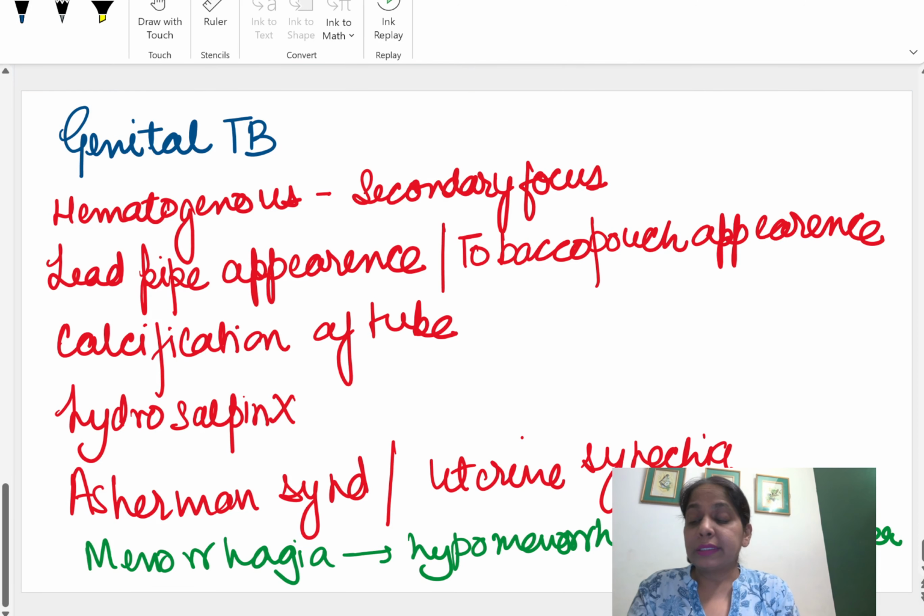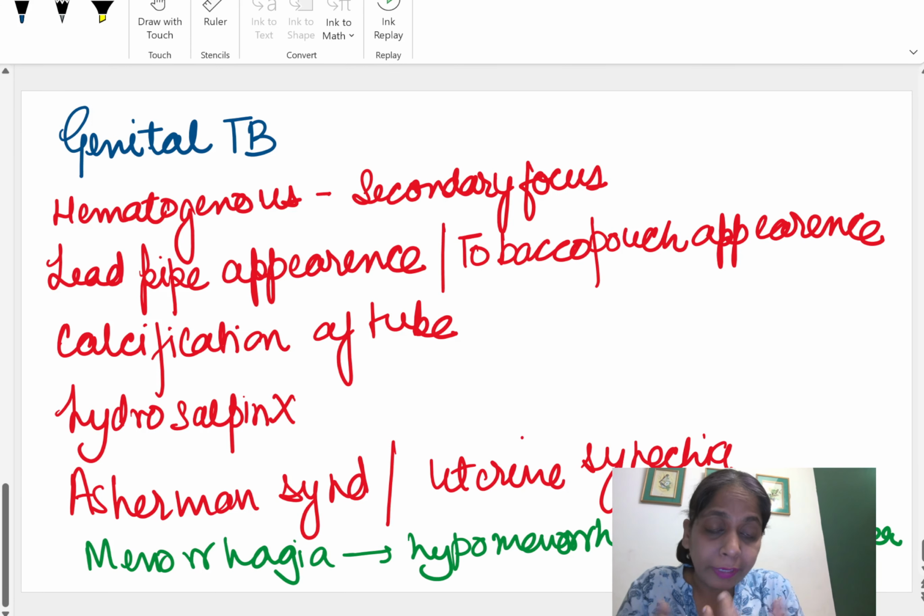Now the last slide on genital TB. The mode of spread of genital TB is hematogenous. The primary focus is somewhere else, and then via the blood it comes to the genital tract as a secondary focus. The most common organ which gets involved is the fallopian tube.